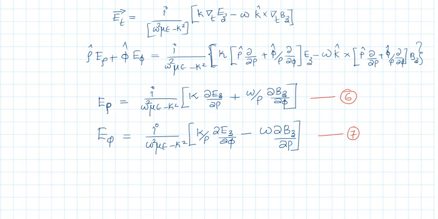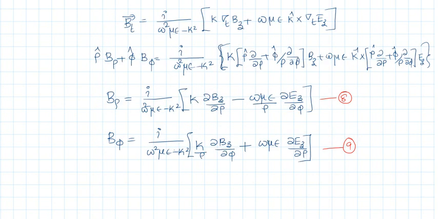Similarly, grouping the terms which are coefficients of phi cap, you will get E phi. E phi is i divided by omega square mu epsilon minus k square, into k by rho dou Ez by dou phi minus omega dou Bz by dou rho. This is equation number 7. So once you have Ez and Bz, using 6 and 7 you can find E rho and E phi.